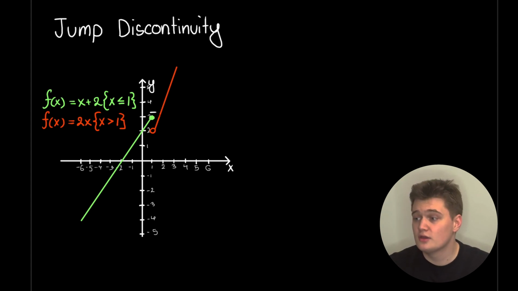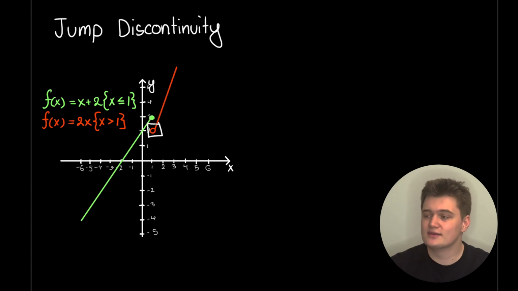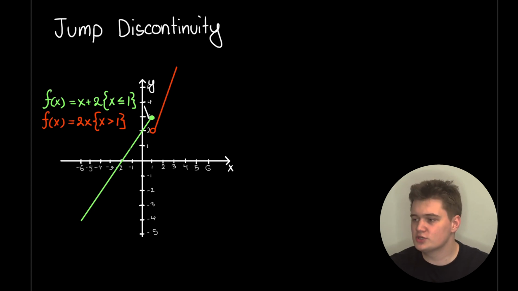This is why you have a filled hole over here, and here you have an empty hole without a fill, because f of x equals 2x only when x is greater than 1. So if we try to plug 1 into that function, it should return us 3, but not 2, because it belongs to the green equation. And in this case, we also do not have a limit because this function is discontinuous at x equals 1.